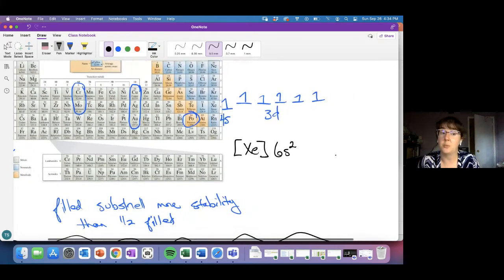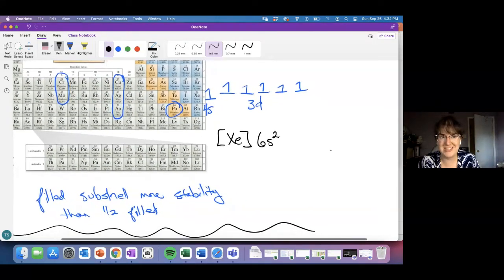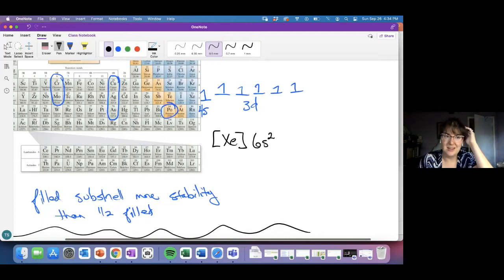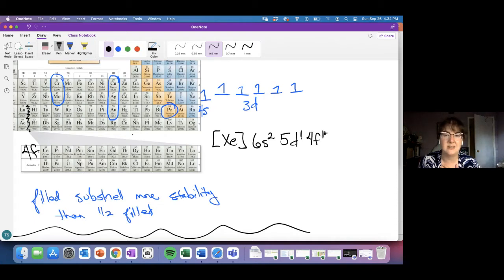And then we start to have a problem, which is, do you go ahead, because of the little cutoff for where the F block is. In Dr. Bacon's video, what she did is she did 5d1, and then came down here, which is the 4f, and did 4f14.